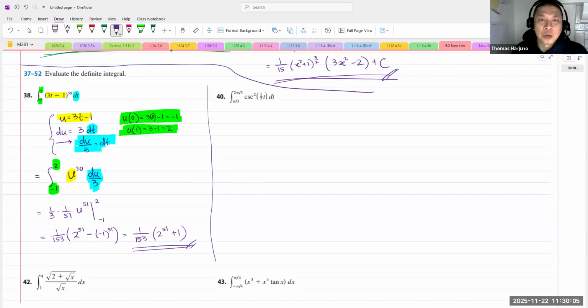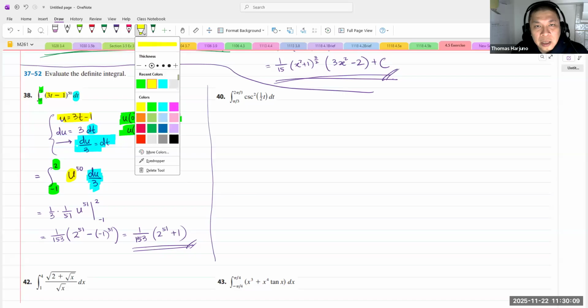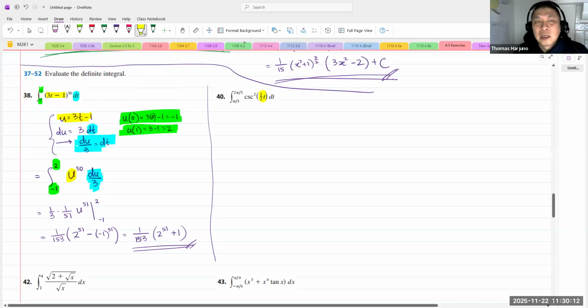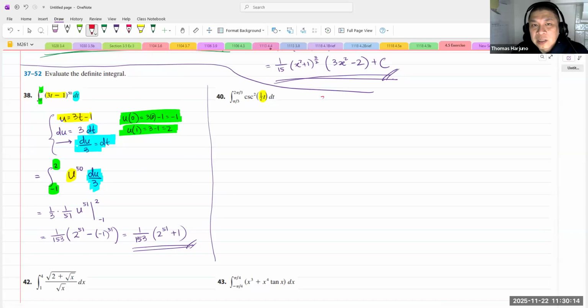Okay, number 40. As you can see, our issue here with the angle, right? We know what is the integral of cosecant squared x dx. That's negative cotangent x plus constant.